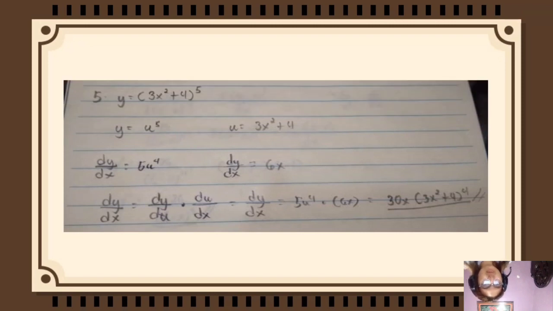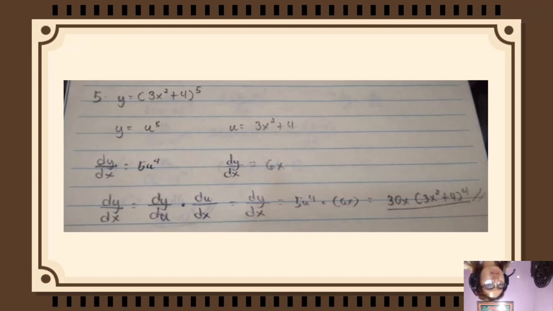Ito. Para naman pag may x squared. Okay. So, kunin natin yung derivative of y. Ito, 5. Therefore, ito na ang magiging niya sa derivative of y with respect to derivative of x. 5u or power of 4. Then, ano yung derivative of u natin?